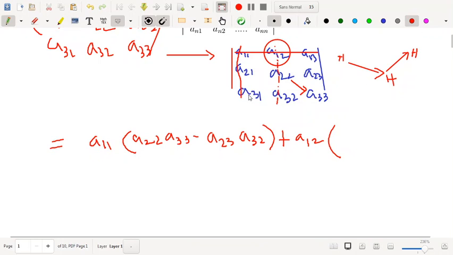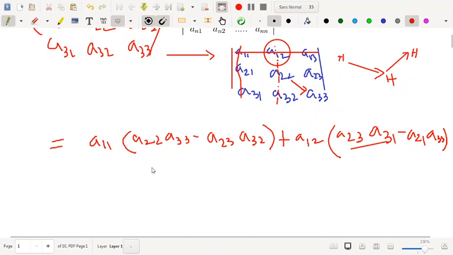So your first multiplication will be A31 into A23, minus the product of the other two elements, A21 and A33. Minus, because you are suppressing the second column and are left with A21, A23, A31, A33.